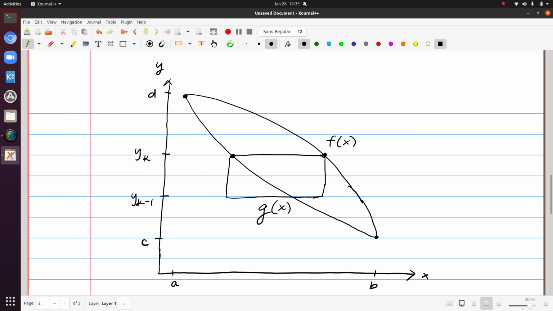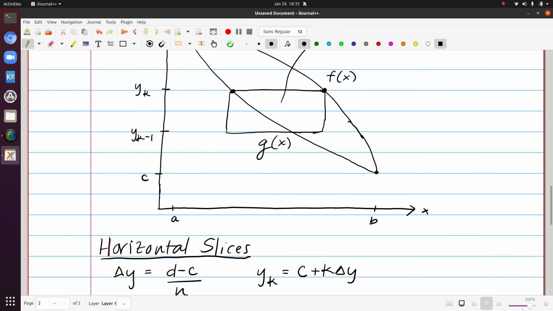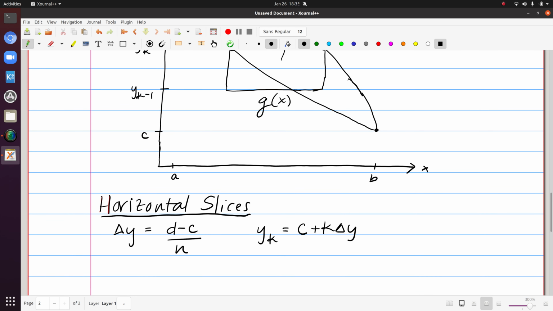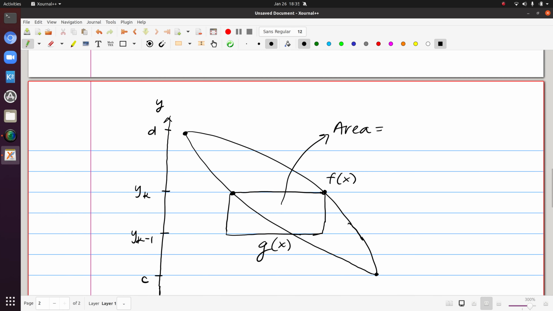Now, notice that, again, what I can do is start to think about how I would find the area of this rectangle. And we've already computed this notion of delta y. That's going to be our width. And one thing we have to consider here is how are we going to find the appropriate values to mark off here? Well, we can think about expressing this not as a function of x, but instead as a function of y.